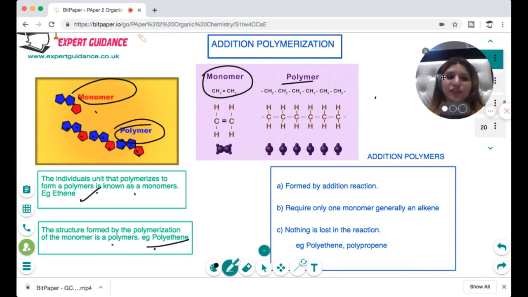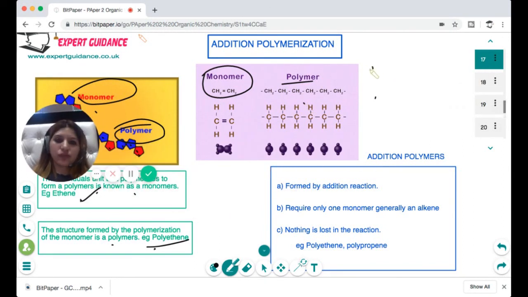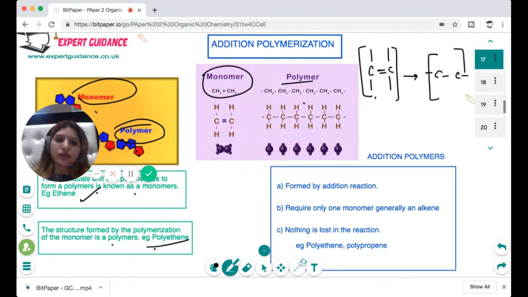Now I'll tell you the trick for how you need to write the polymer equation. Always write the ethene or any alkene molecule such that there's a double bond in the center and all the groups are at the top and the bottom, nothing to the left and right side. And when you polymerize this structure, remove the double bond, draw the bars at the ends, and then write n.